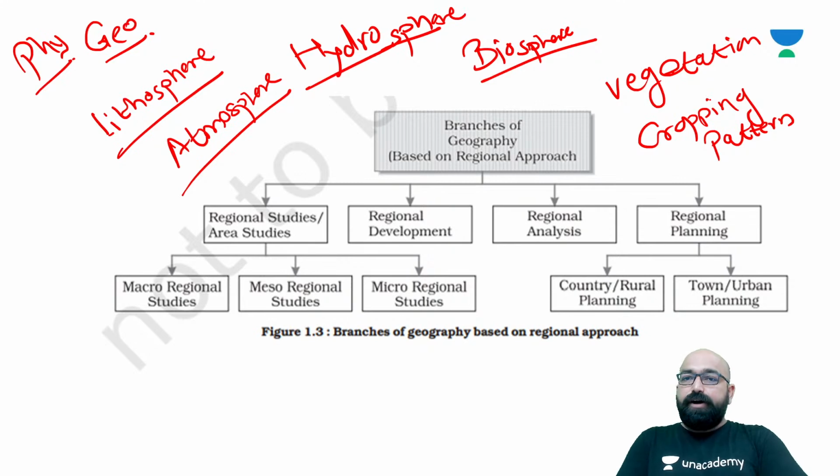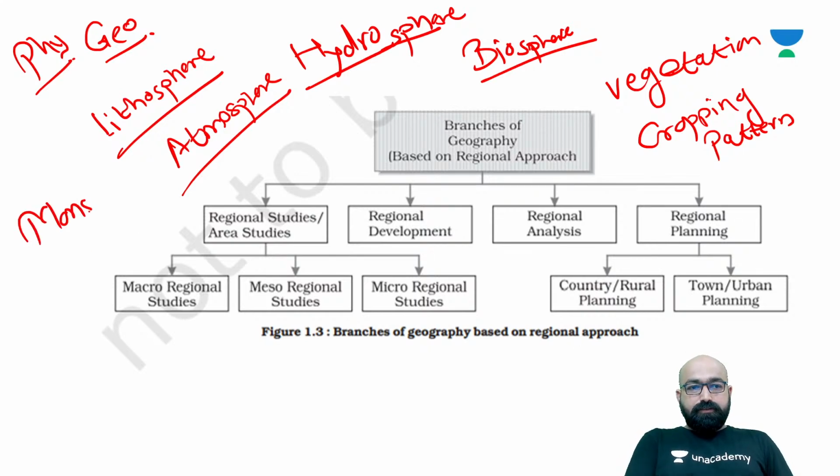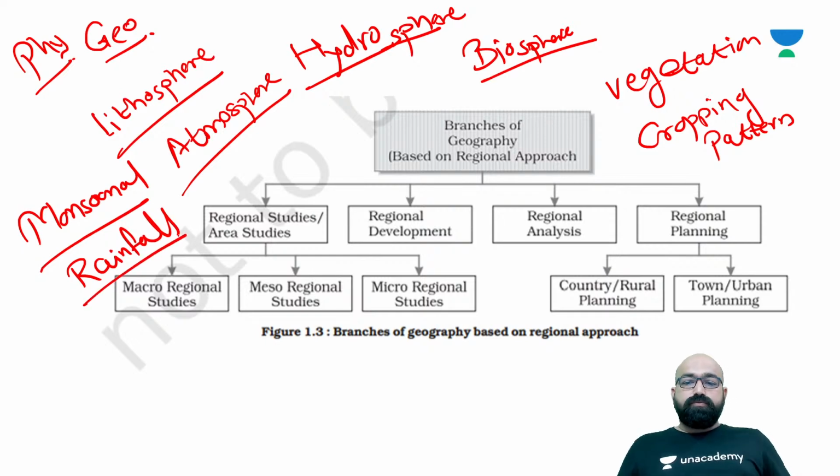Whereas in India, friends, monsoonal rainfall sets the agricultural rhythm in motion.